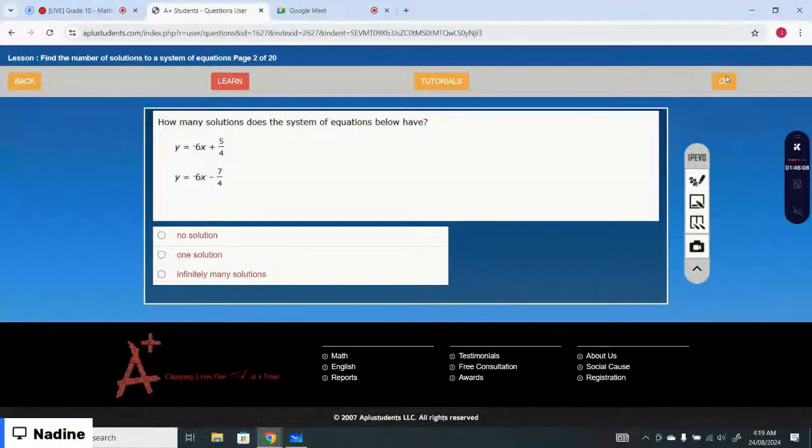So both the equations have the same slope and different y-intercept. So that means the lines are parallel, they never intersect each other. So the system has no solution. The correct option is no solution. Option number 1 is the correct option. Got it?